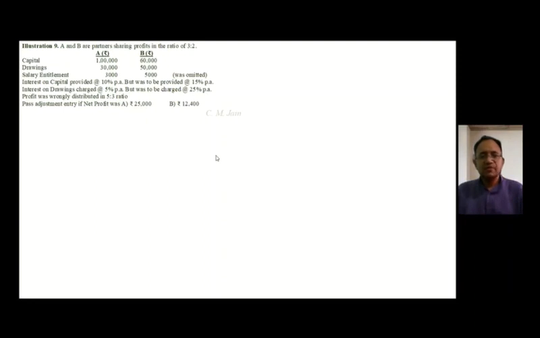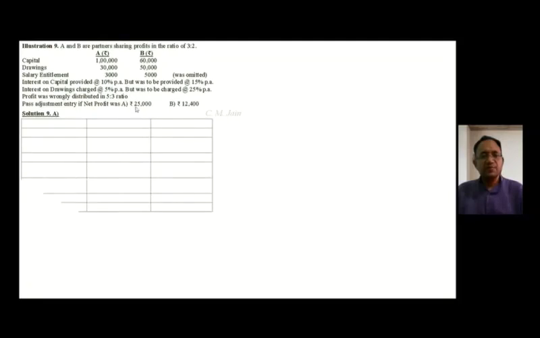Now let's start solving it. A part first, when profit is rupees 25,000. Make one such table with three columns: particulars, correct appropriations, and wrong appropriations.